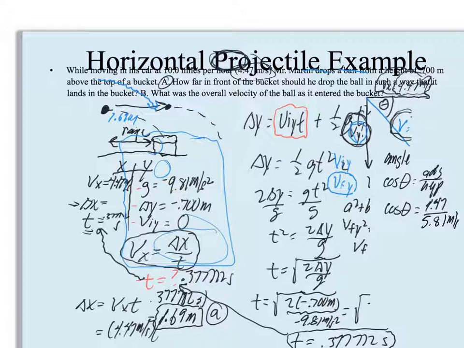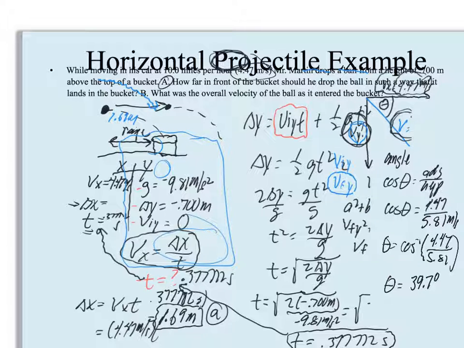That was the overall speed. And of course, if we want to find the angle, we've got to do the inverse cosine of both sides. By the way, we don't have to use inverse cosine. You could use inverse tangent. You can use inverse sine. Either way is fine. And when we do that, we end up with 39.7 degrees.